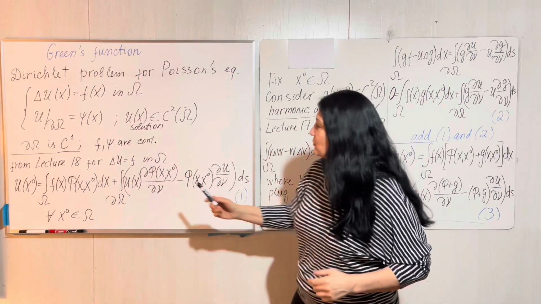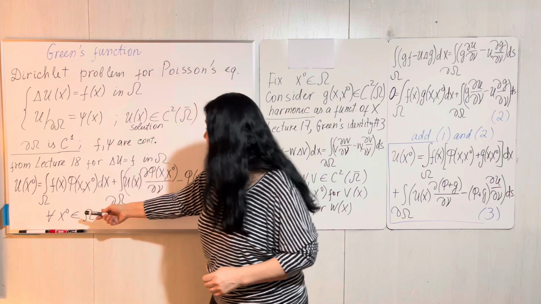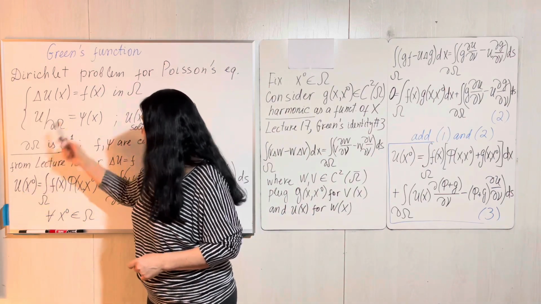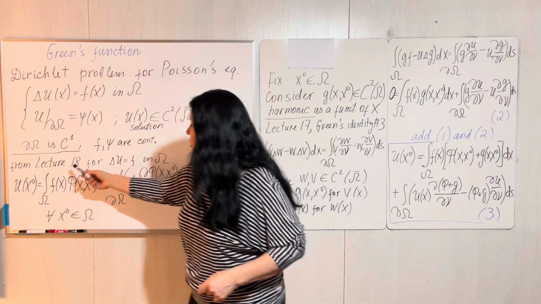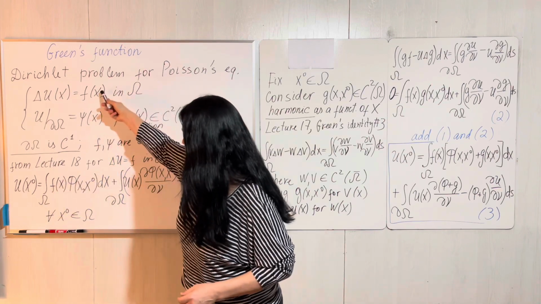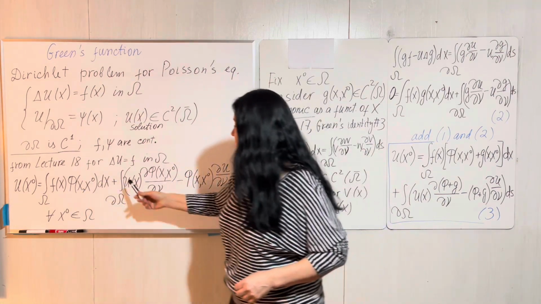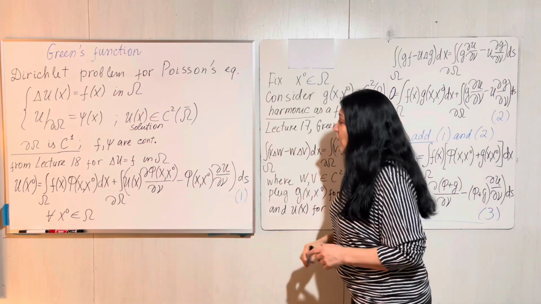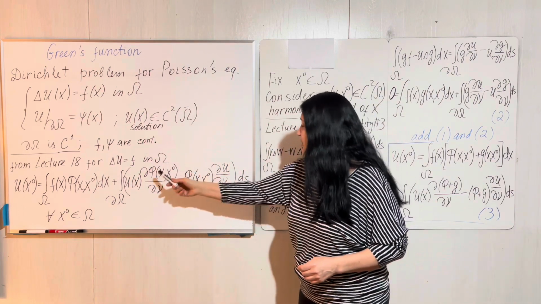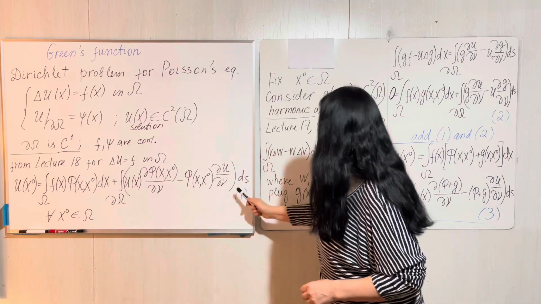Taking this formula from lecture 18, for any point x0 in omega, we can write the following representation of our solution: u at x0 equals the integral over the whole domain omega of f, the right-hand side of the Poisson's equation, times phi, our fundamental solution, plus the integral over the boundary, which involves the function u, the fundamental solution and their normal derivatives. Let's call this formula 1.